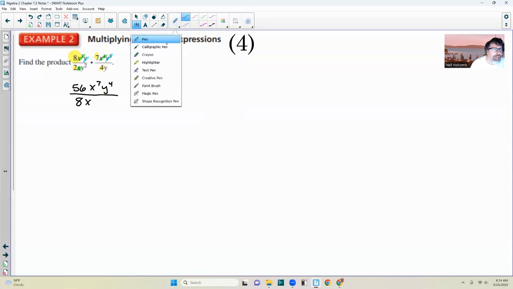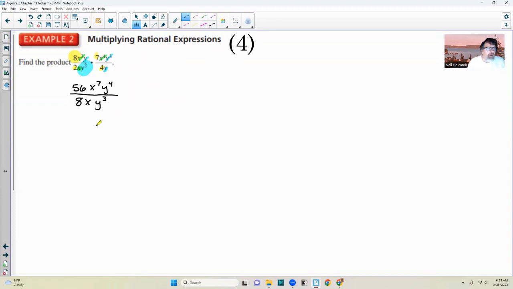Then I have a y squared. And I have a y to the 1. So y to the 2 plus 1 is y cubed. Okay, so we've simplified this into one fraction, but then we have to break it down.